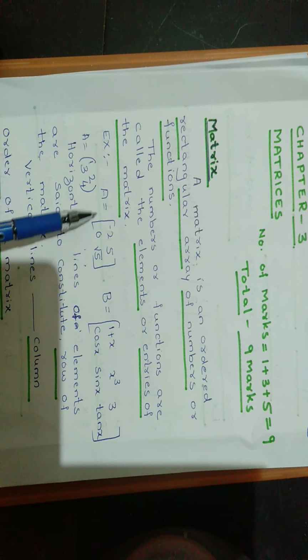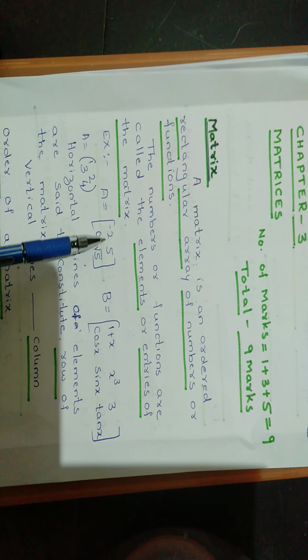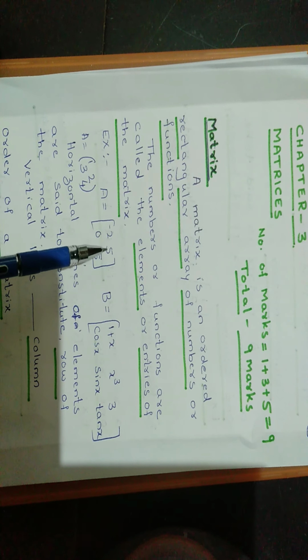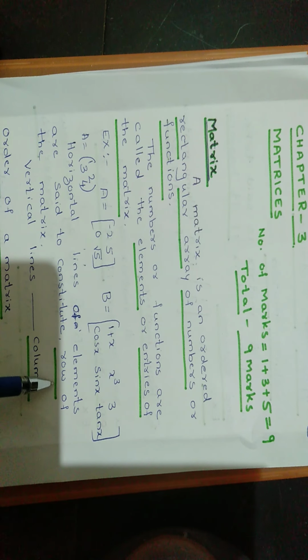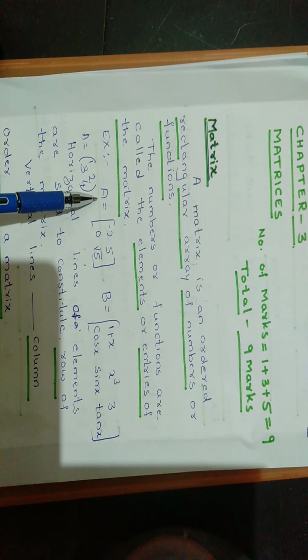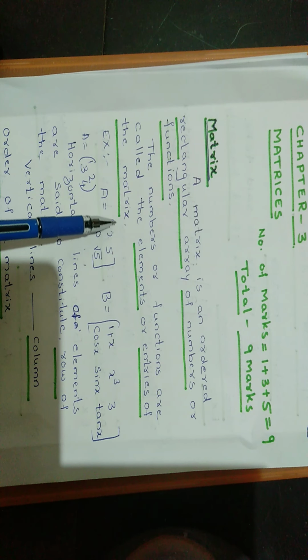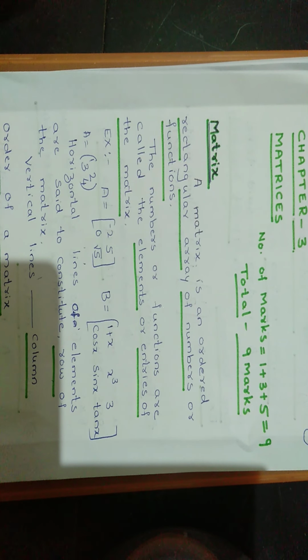In this matrix, horizontal lines of elements constitute the rows of the matrix, and vertical lines constitute the columns of the matrix. A matrix is denoted by capital letters, and is also denoted by square brackets. So this is the matrix definition.